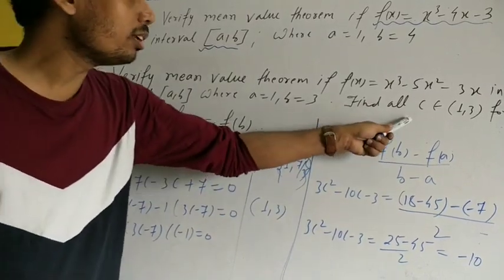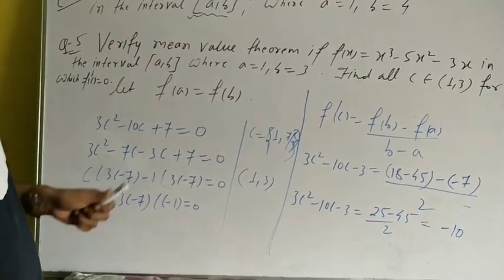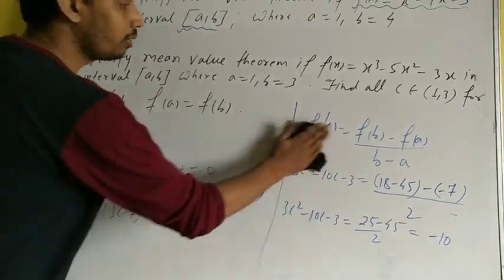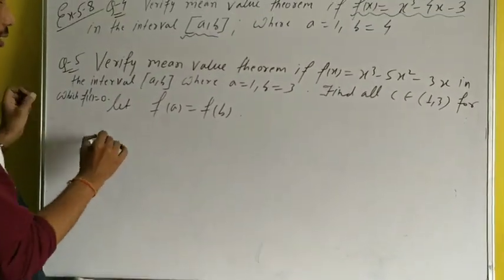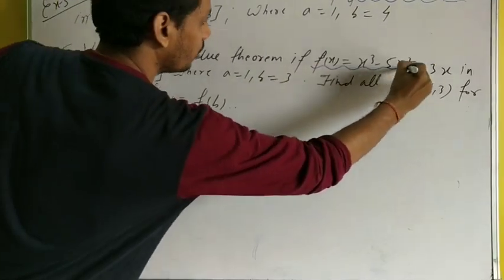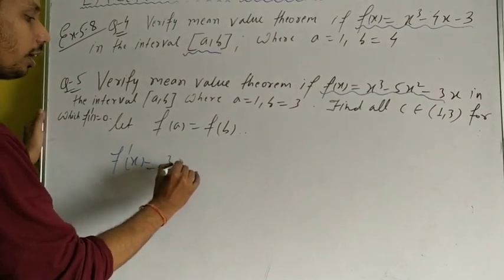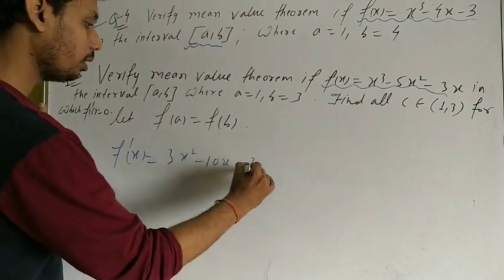Find all c belonging to the open interval 1 comma 3 for which f dash c is equals to 0. Now f dash x is equals to 3x square minus 10x minus 3, as this is our f of x.